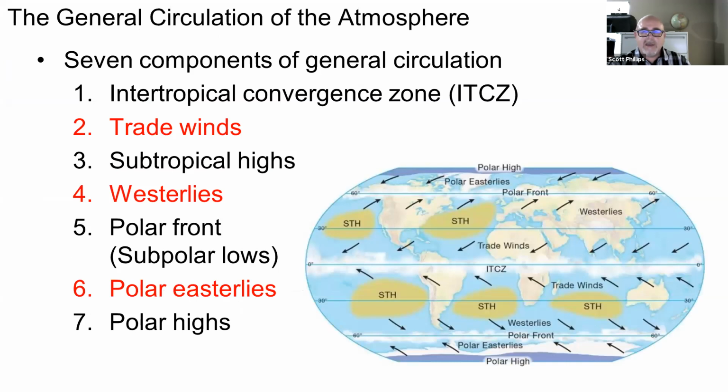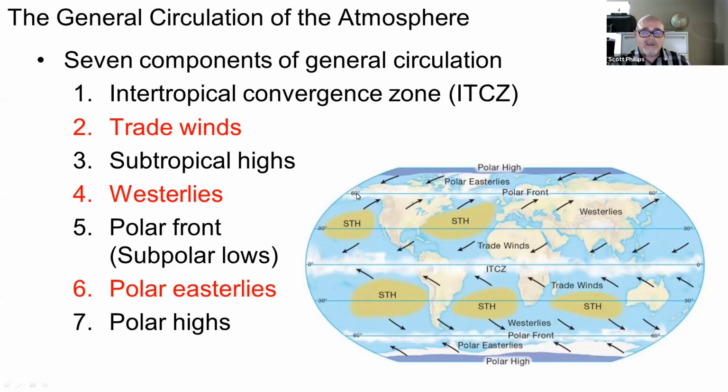So just to recap, those 4 pressure belts and 3 sets of winds make up the 7 components of general circulation. We have the intertropical convergence zone, a zone of low pressure at the equator. We have the subtropical highs, a zone of high pressure around 30 degrees north and 30 degrees south.